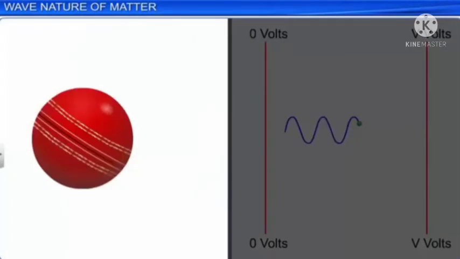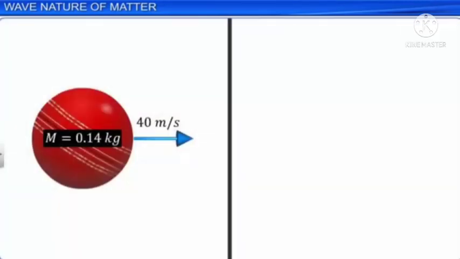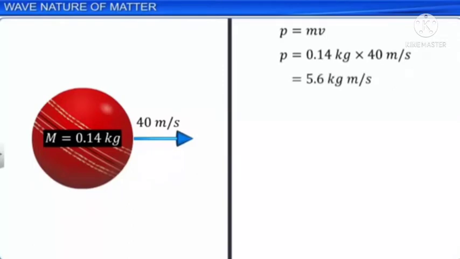Let us calculate the de Broglie wavelength of a cricket ball of mass 0.14 kilogram moving with a velocity of 40 meters per second, and an electron of mass m and charge e accelerated through a potential V, and compare the impact of de Broglie wavelength on matter. The momentum of the ball p is equal to 0.14 kilogram multiplied by 40 meters per second, that is equal to 5.6 kilogram meters per second.